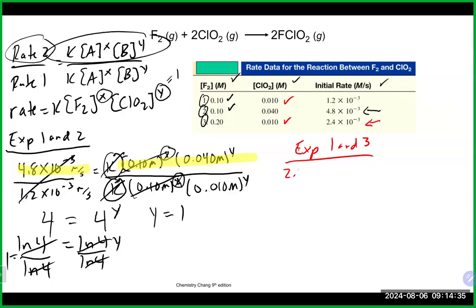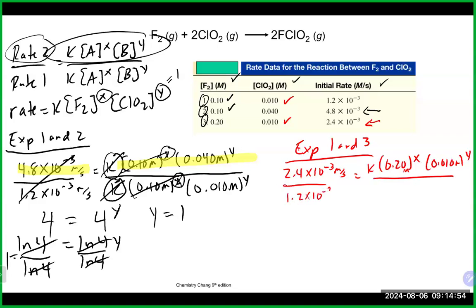That will give me 2.4 times 10 to the minus 3 molar seconds equals K, 0.2 to the X, 0.01 to the Y. We're going to put everything from experiment 1 on the bottom: 1.2 times 10 to the minus 3 molar seconds equals K, 0.1 molar to the X, 0.01 molar to the Y. Once again, we're going to do some math here.